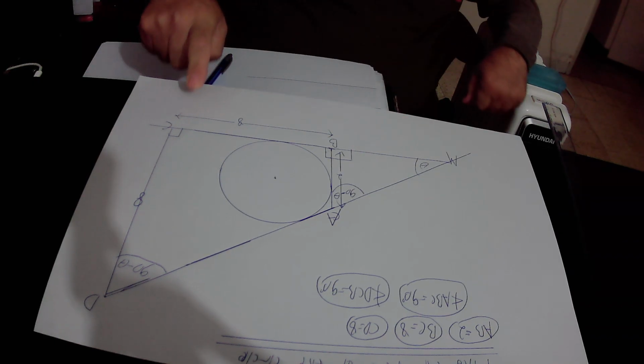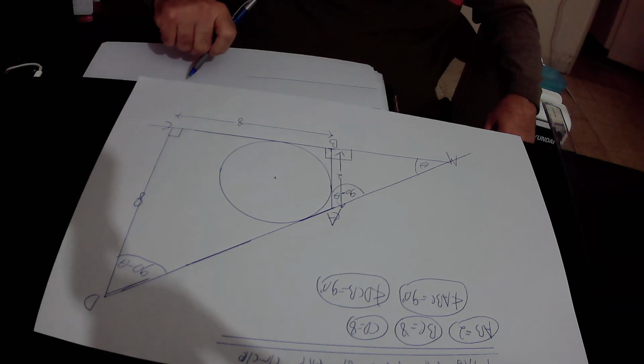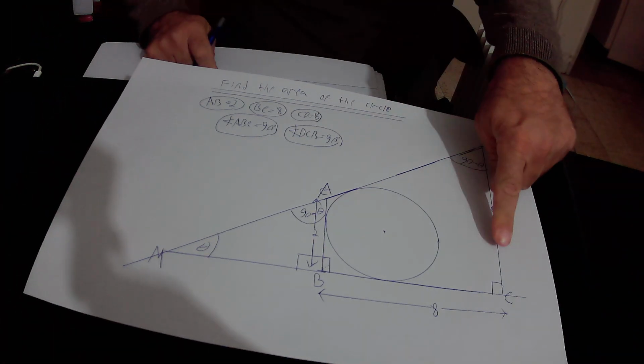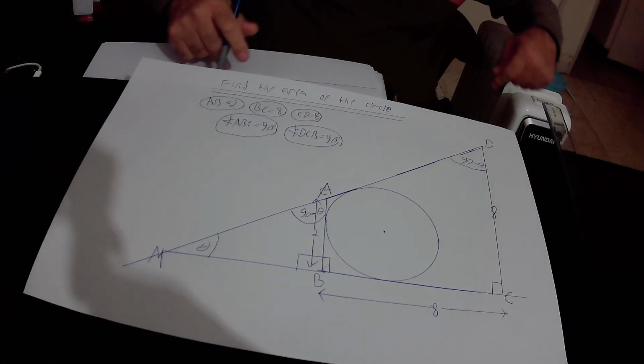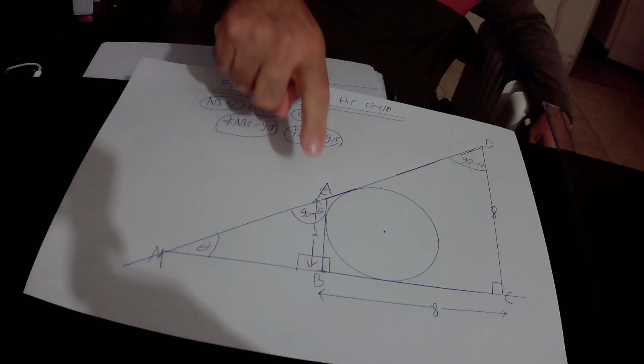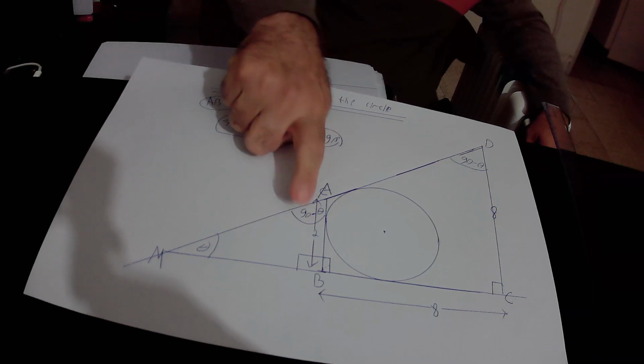So angle DCM in the big triangle equals this angle, which is actually angle ABM in the small triangle.